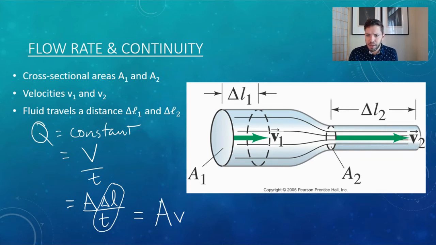Just keep that in mind. So in this pipe, if this flow rate is constant, what that means is that the product of the area and the velocity have to be constant. So if we compare the product of A and V here at point 1, it's going to be the same as the product of A and V at point 2. And that gives us a very useful equation.